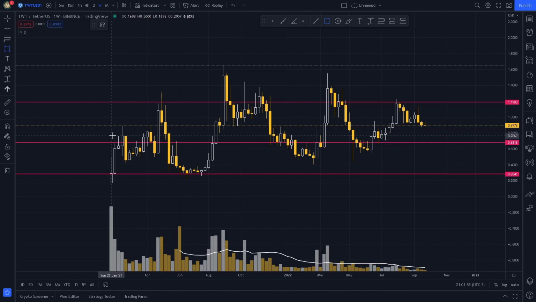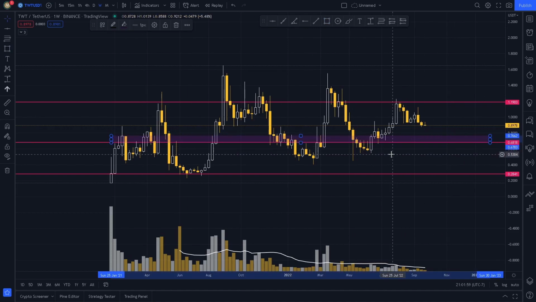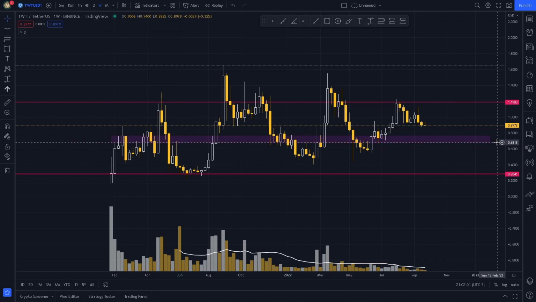We're going to draw a zone and it's going to look something like this. As we can see with our zone, in this general area, we are looking for a reaction from price. As we see a reaction here, here, here, and here.